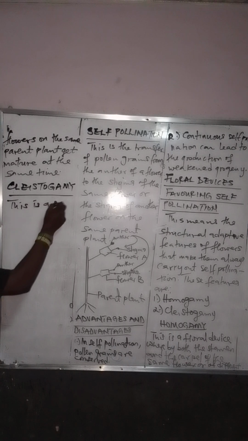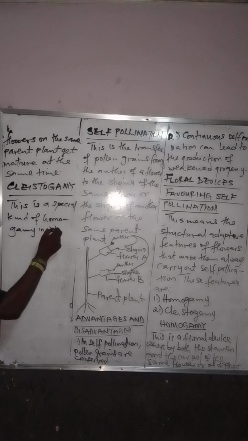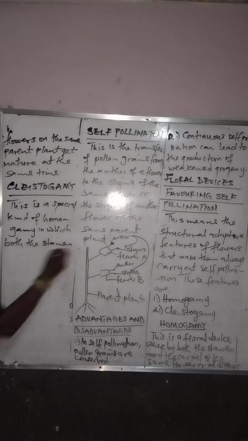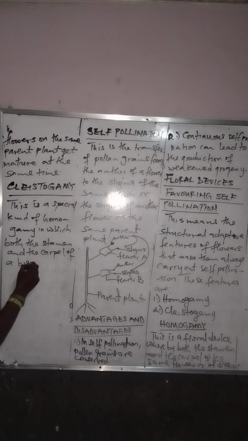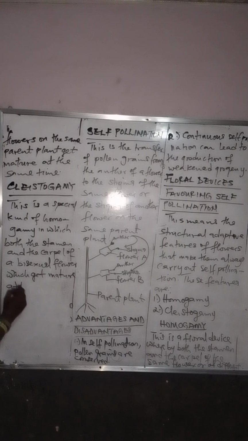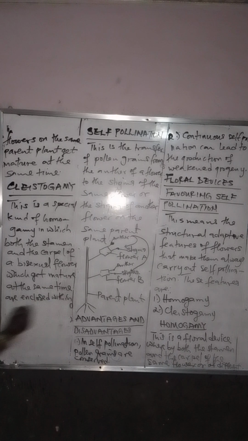This is a special kind of homogamy in which both the stamen and the carpel of a bisexual flower, which get mature at the same time, are enclosed within a closed type of flower.